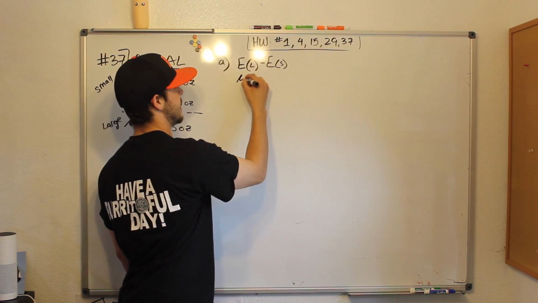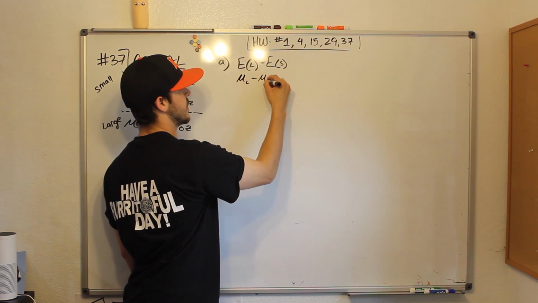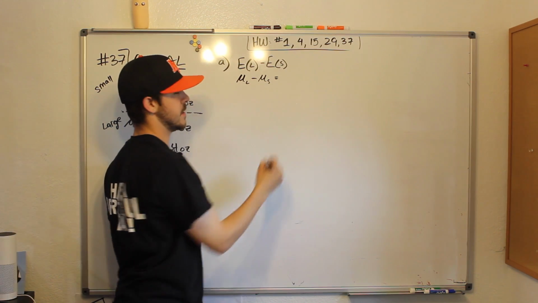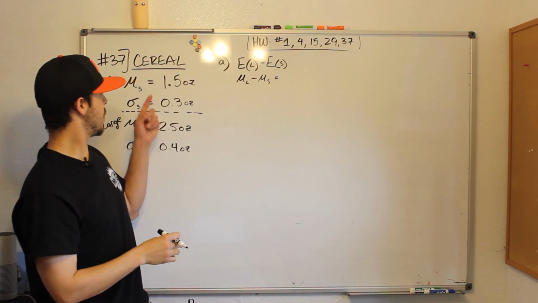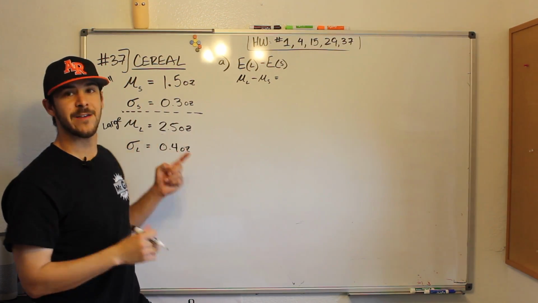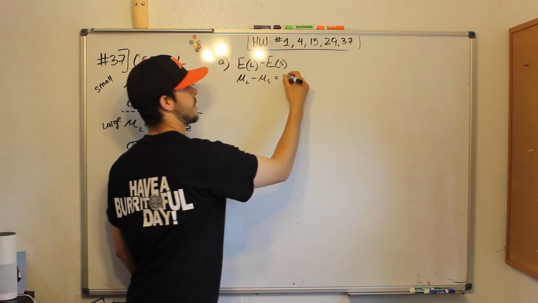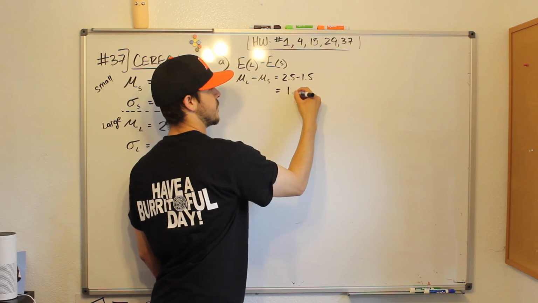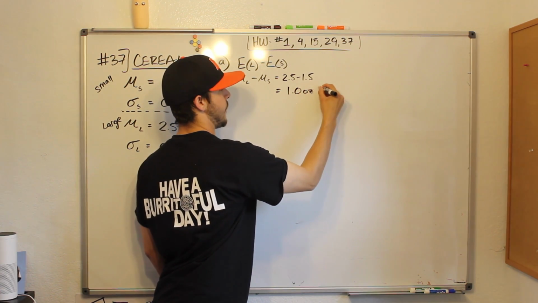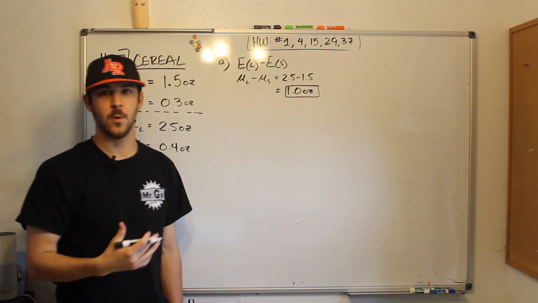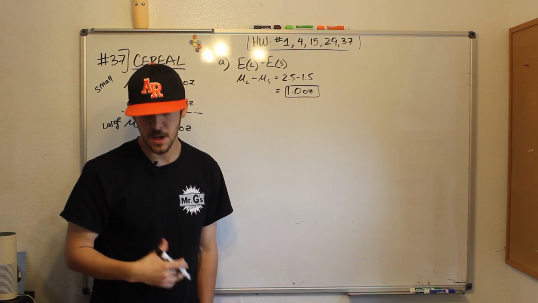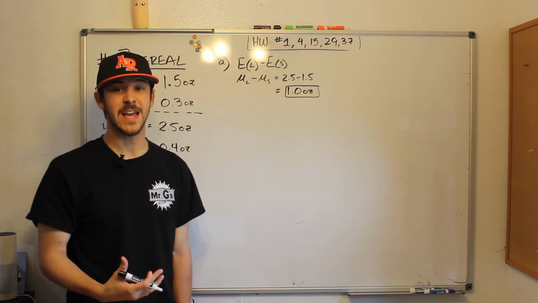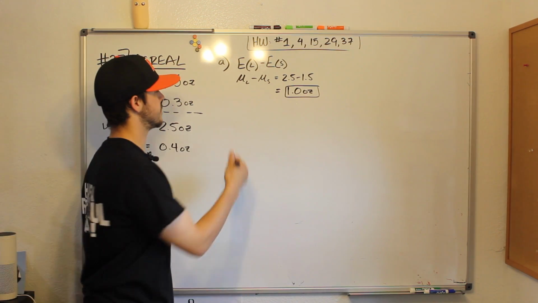You can also write it expected value of the large, expected value of the small, and we end up with the solution of 1.5 and 2.5, the difference between them, which is equal to around 1 ounce.